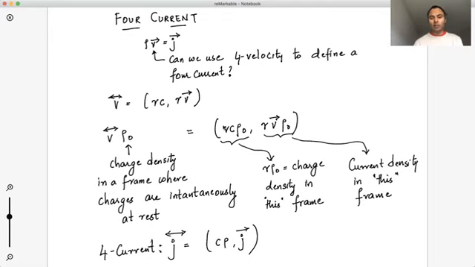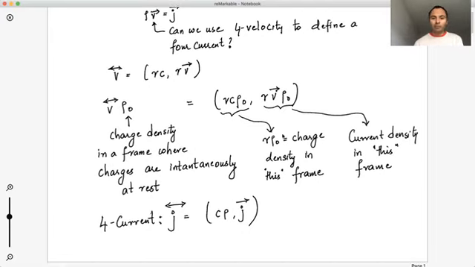Okay, so I'm going to multiply the whole thing with rho naught, and I get something interesting. Gamma times rho naught is actually the charge density in this frame. By this, I mean the frame in which you're constructing the four vector. So in this frame, you're watching the charges move at a velocity v, right? So you're not in the rest frame of the charges, you're in some other frame watching the charges go at velocity v.